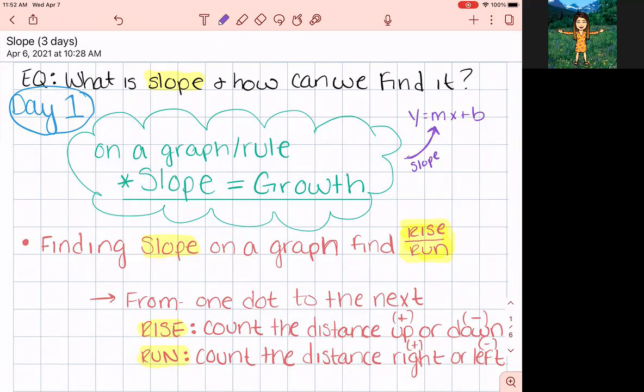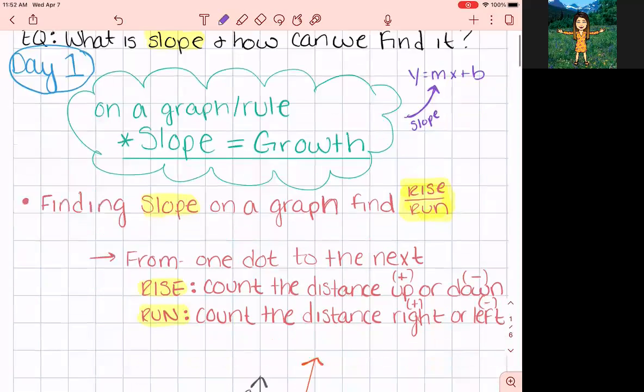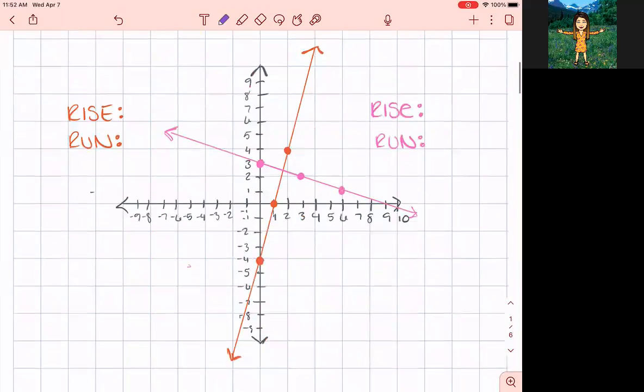And then the run is the same idea. You take those 2 dots. The run is going to be the distance between those 2 dots going left to right. Okay. So what does that look like? So go ahead and get this graph copied in, and then we will practice together finding the rise and the run.